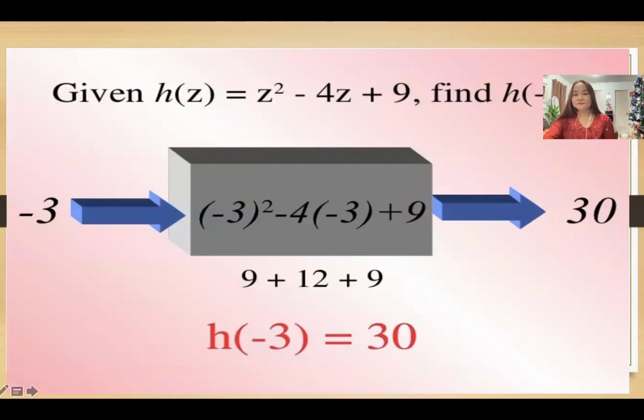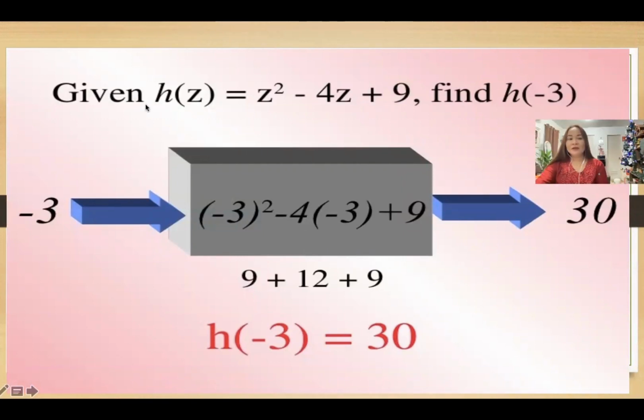Another example, evaluate h of z equals z squared minus 4z plus 9, that is h of negative 3. So you are going to substitute z by negative 3. So negative 3 squared minus 4 times negative 3 plus 9. Be careful of the sign, that's why you have parentheses here. Negative 3 squared, negative times negative, positive 9.